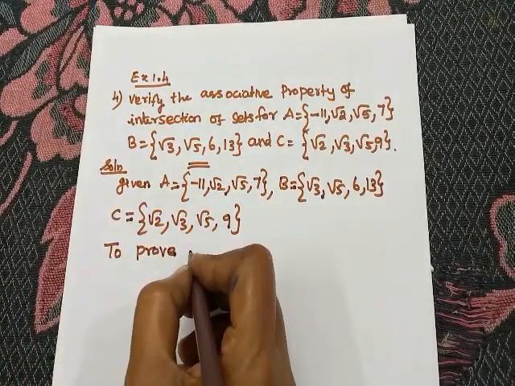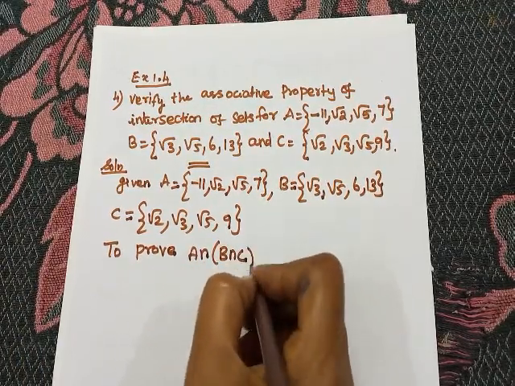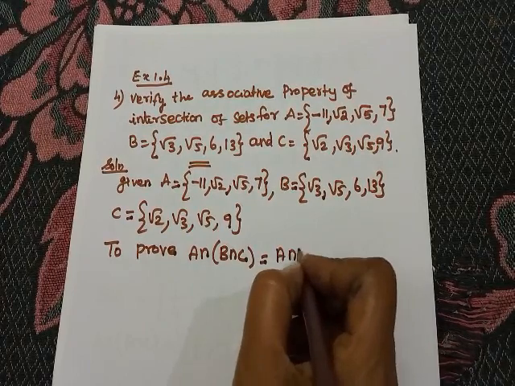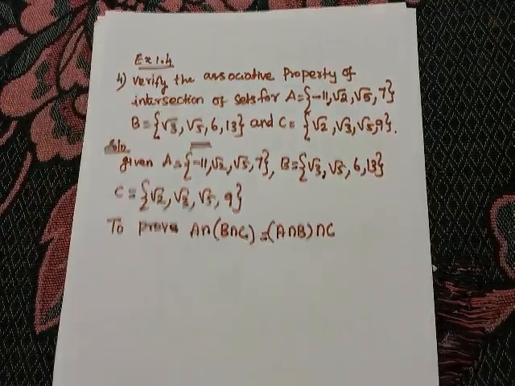To prove: A intersection (B intersection C) is equal to (A intersection B) intersection C. This one we have to prove.